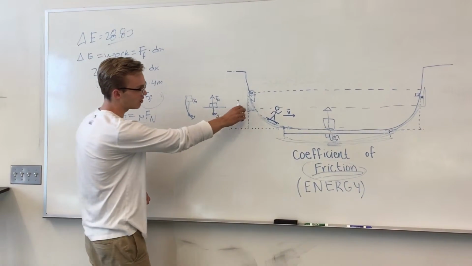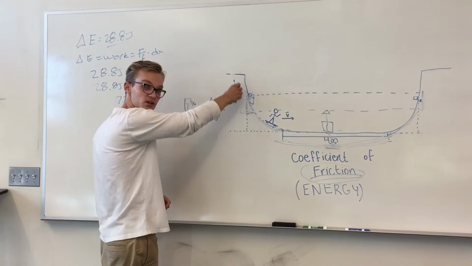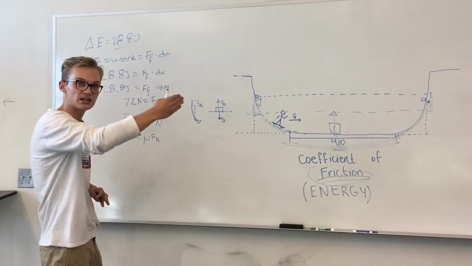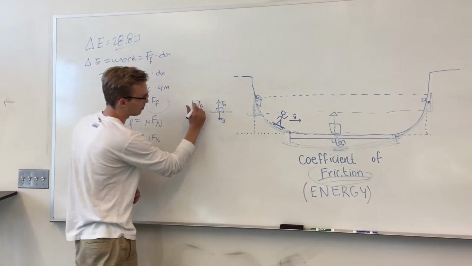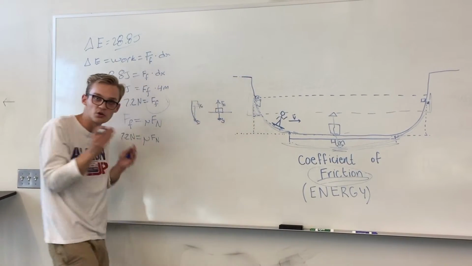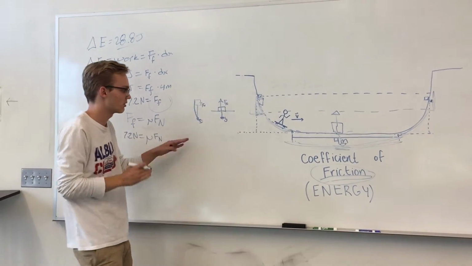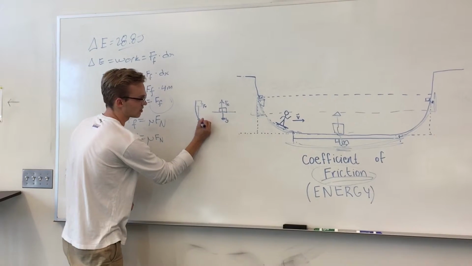But then when he's all the way up on the side, when the side is vertical, he's not accelerating in that direction. So the normal force is small or close to 0. It's negligible, right? When the mg is still acting on it.